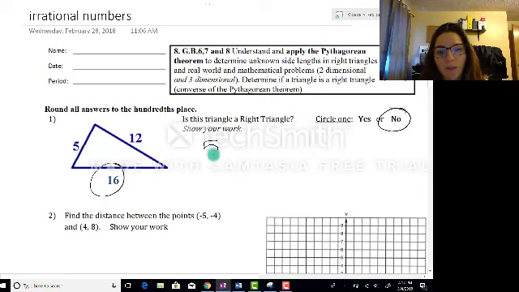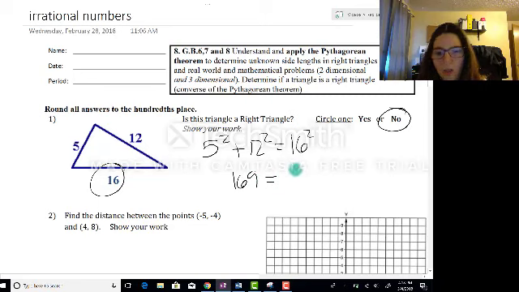So I'm going to have 5 squared plus 12 squared equals 16 squared. All in all, that's going to give you 169 equals 256. Those two things are not equal, so therefore these side lengths do not provide a right angle.